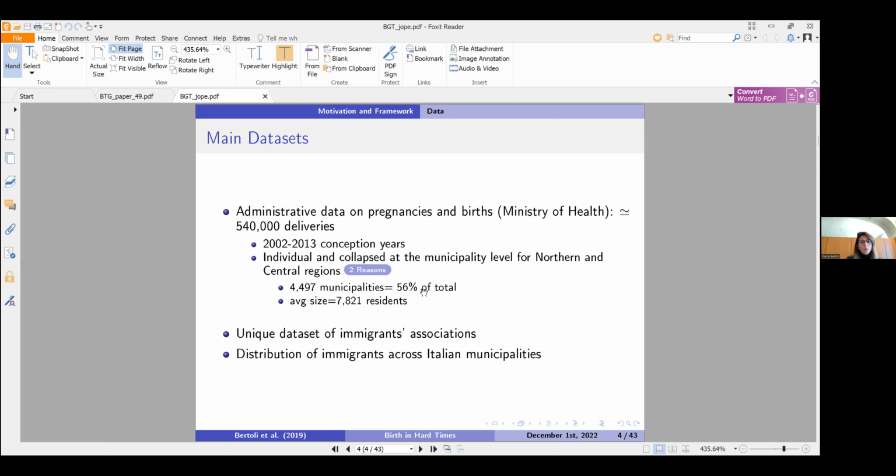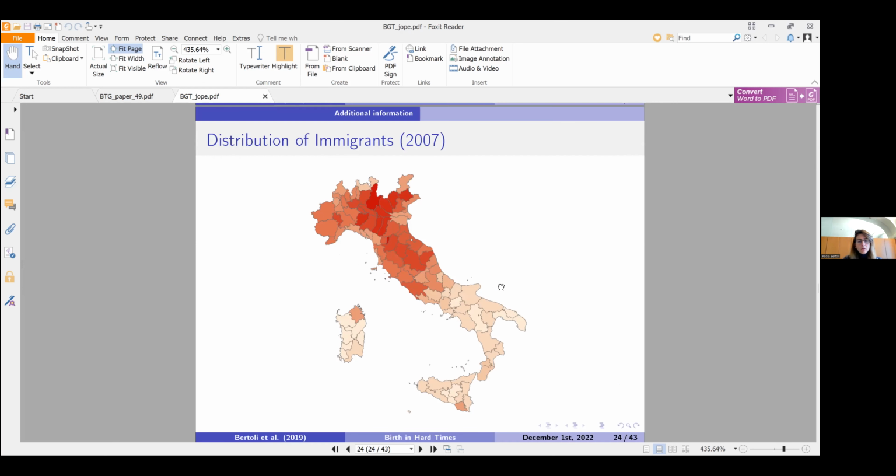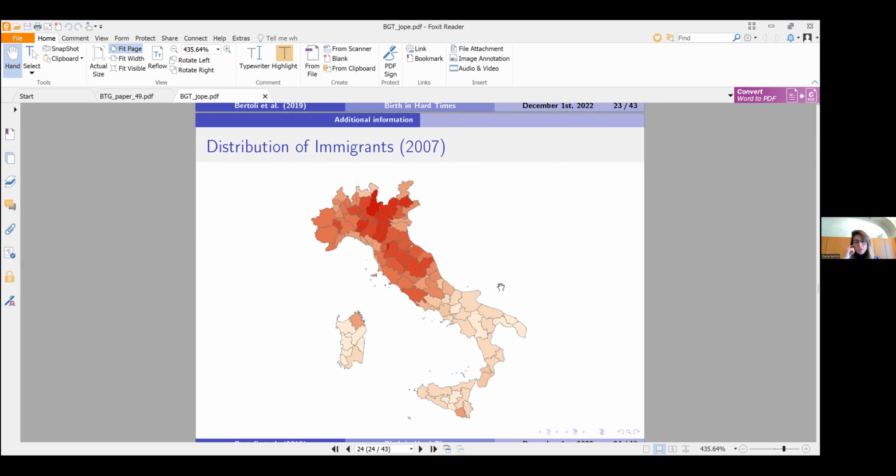We do not work with all municipalities. We just look at the northern and central part of the country, and this is done for two main reasons. The first one is linked to the distribution of immigrants in the country, that are mainly concentrated in the northern and the central part.